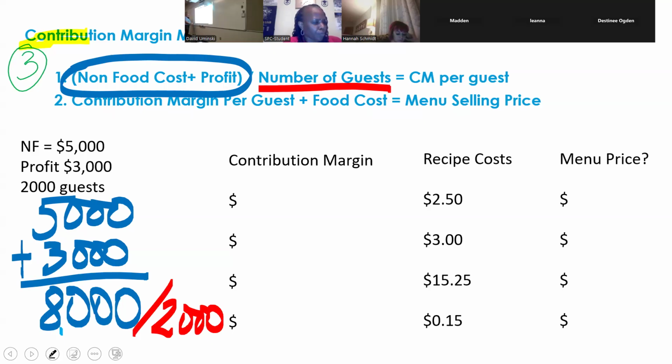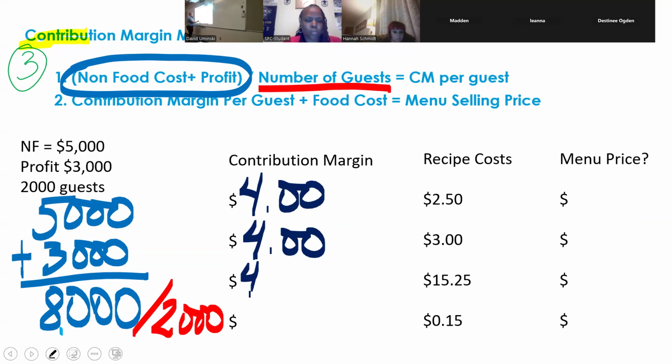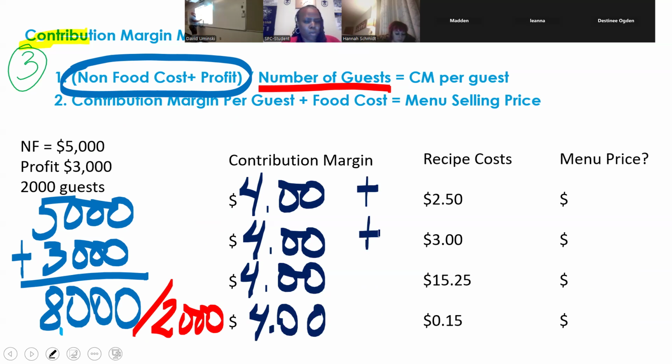And I get what answer? $4. So now I just add $4 to all my recipe costs.